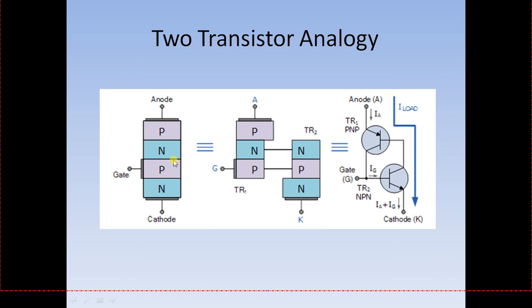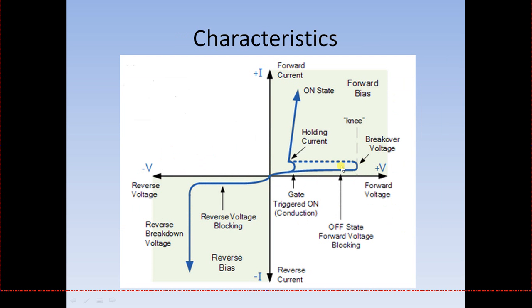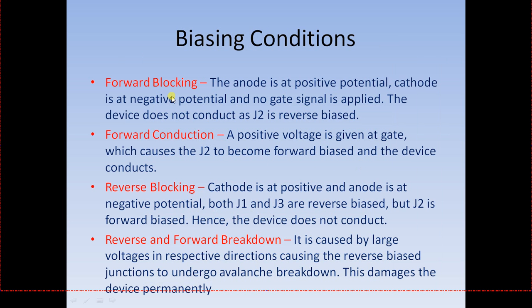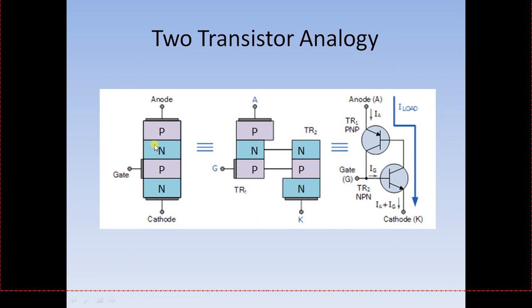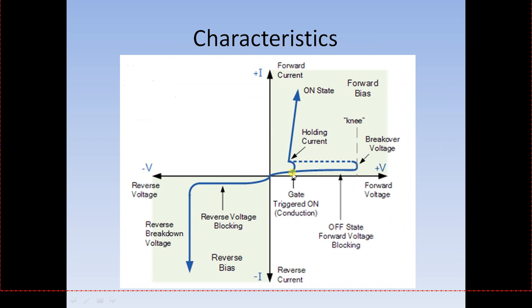Okay, we don't want our thyristor to have a forward voltage beyond this level. Okay, so in forward blocking, J1 and J3 are forward biased, but no current flows as J2 is reverse biased. This can be seen over here.